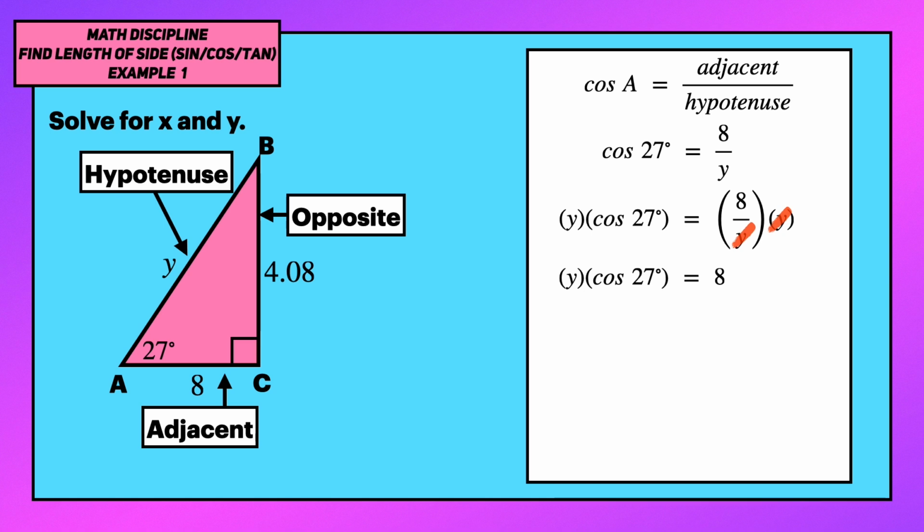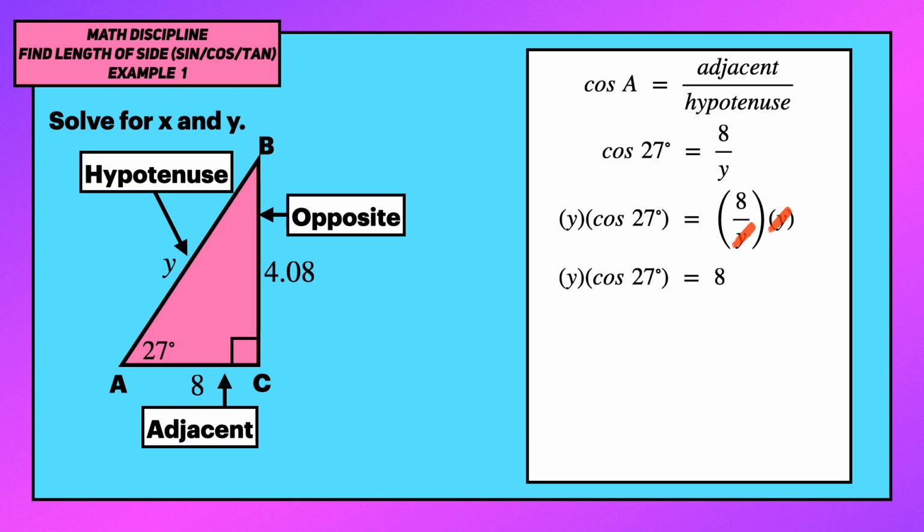We are still trying to get our variable y isolated on one side of the equation and everything else to the other side, which means we need to move the cosine of 27 degrees to the other side. Since y is being multiplied by the cosine of 27 degrees, we need to do the opposite of multiplying, which would be dividing by the cosine of 27 degrees.